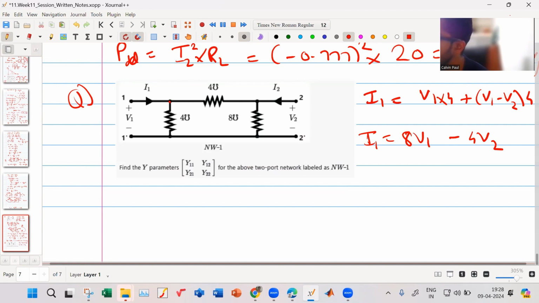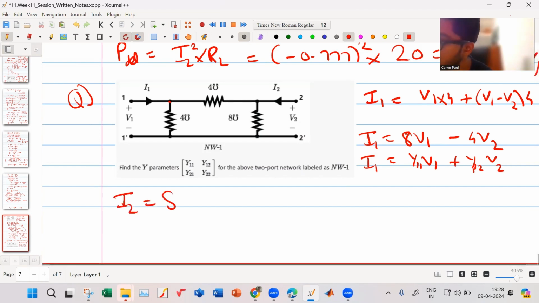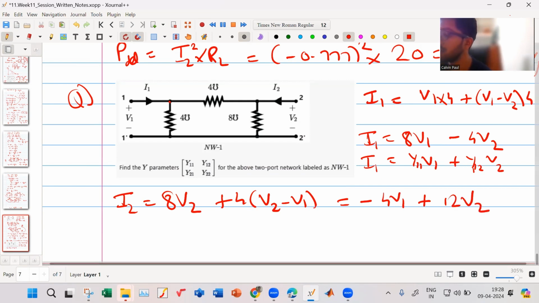This is already of the form I1 is equal to Y11 V1 plus Y12 V2. So I don't have to waste my time and energy, I found it already. Similarly, my I2 is equal to 8 V2 plus 4 (V2 minus V1), which I can write as minus 4 V1 plus 12 V2.